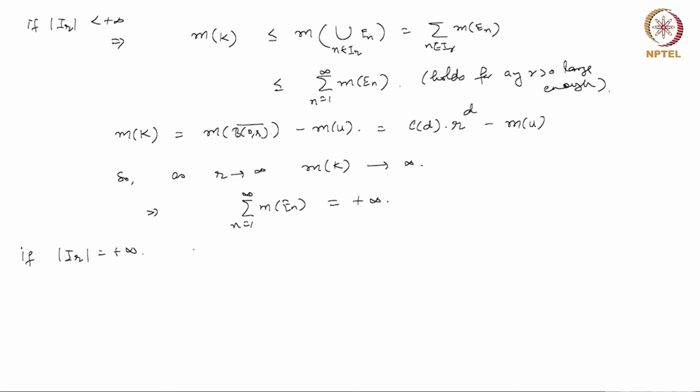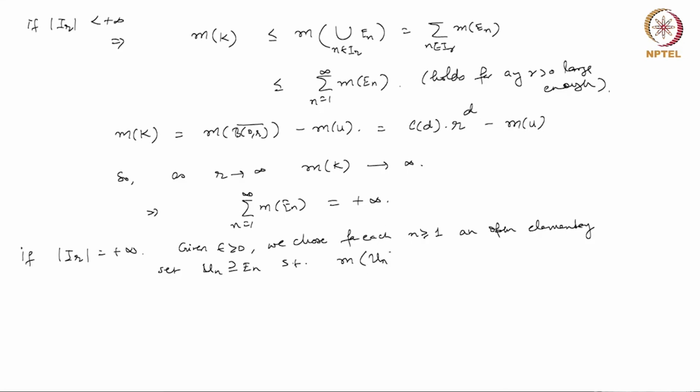So in that case, given epsilon greater than 0, we choose for each n greater than or equal to 1 an open elementary set Un containing En such that the measure of Un is less than or equal to the measure of En plus epsilon by 2 to the power n.